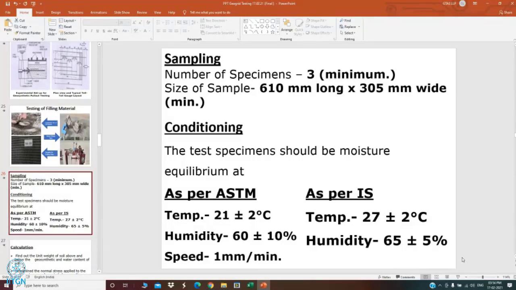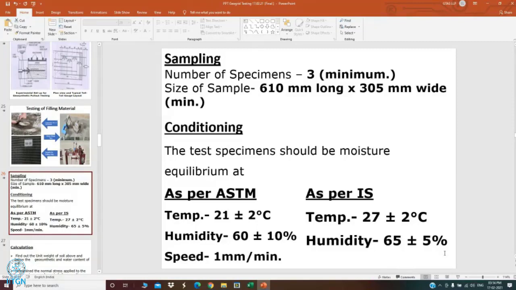That is why, after a lot of deliberation, the country chose the value 27. So this difference always exists between any other code and the Indian code. Our laboratory ambient temperature is going to be 27 plus or minus 2 degrees Celsius, but ASTM is 21 plus or minus 2. In actual fact, the value may not be much different, I can tell you this also. But the standard test condition is this only.